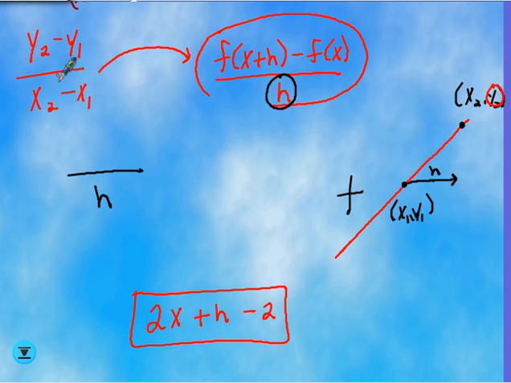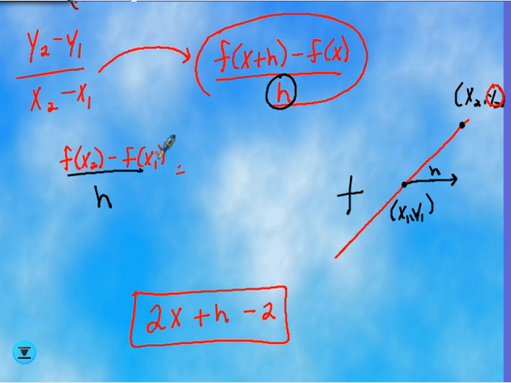So this top, let's rewrite it as well. Instead of y2, let's write that as f of x2. And instead of y1, let's write that as f of x1. Because that's what y2 and y1 are: the y values you get when you plug in x2 and x1.